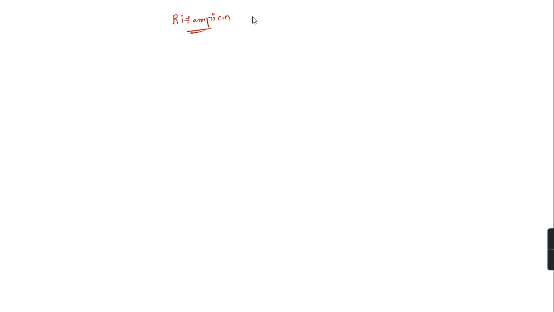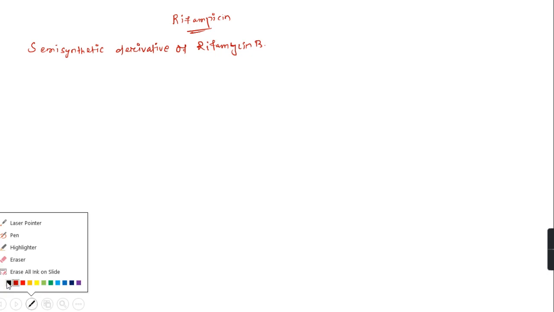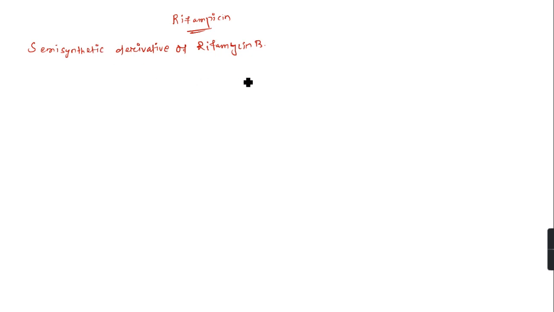Rifampicin is a semi-synthetic derivative of rifamycin B, obtained from an organism, which is important: Streptomyces mediterranei.